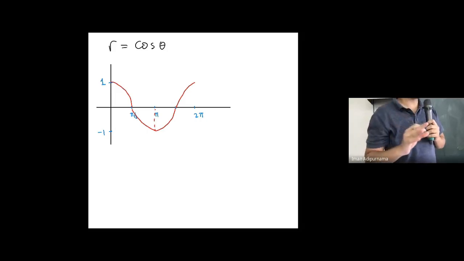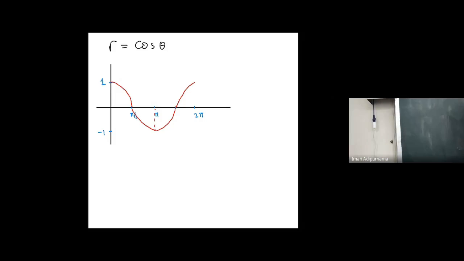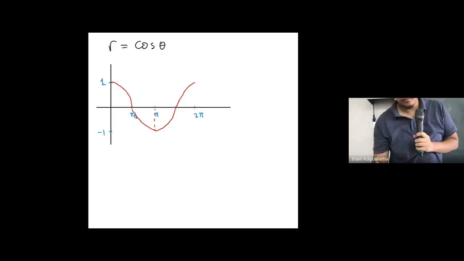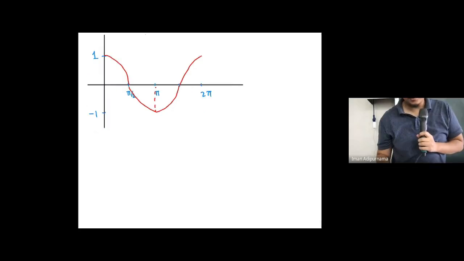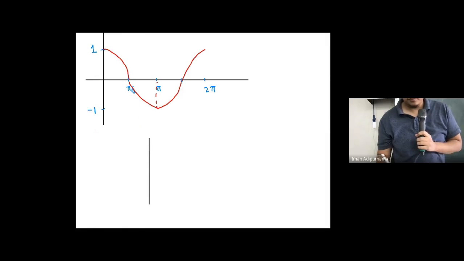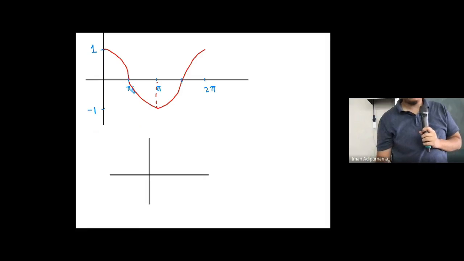Now, how do we draw r equals cosine theta in the polar coordinates? Yesterday, I already made a conclusion. It should be a circle, but on the right side of the axis. This is 0.